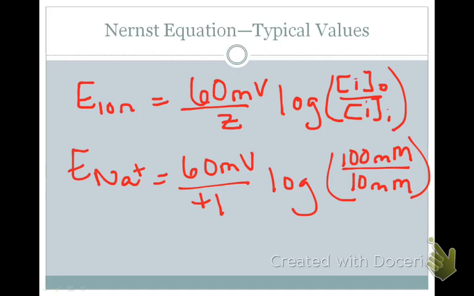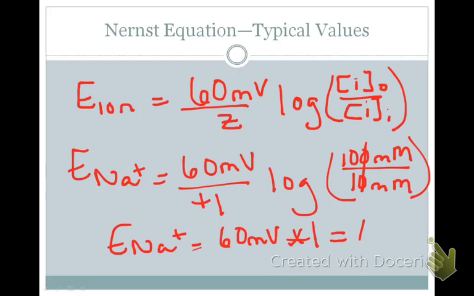Now, these are obviously not the exact correct values, but they make the math very easy, and they somewhat approximate how it is in real life. So to solve that, the equilibrium potential for sodium equals 60 millivolts times the log of, when you simplify that down, 10. So the power of 10 that gives you 10 is 1. And so you've got an equilibrium potential for sodium of positive 60 millivolts.